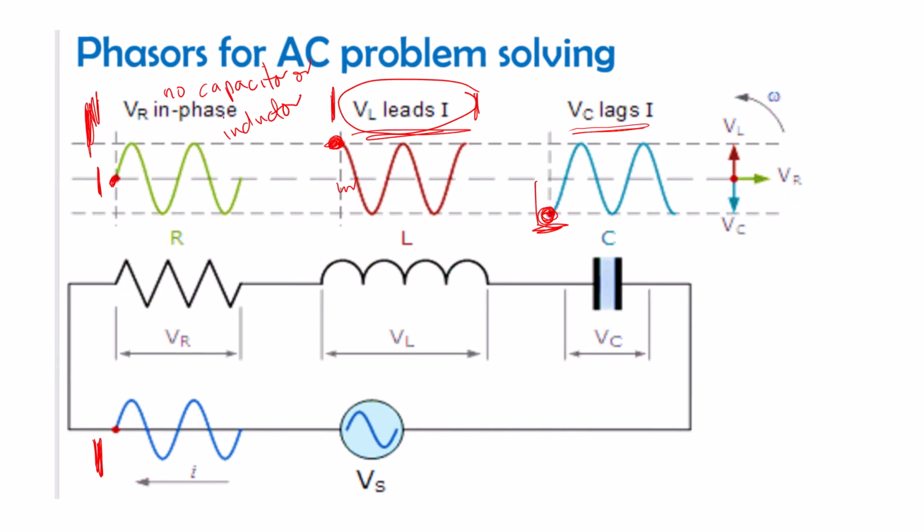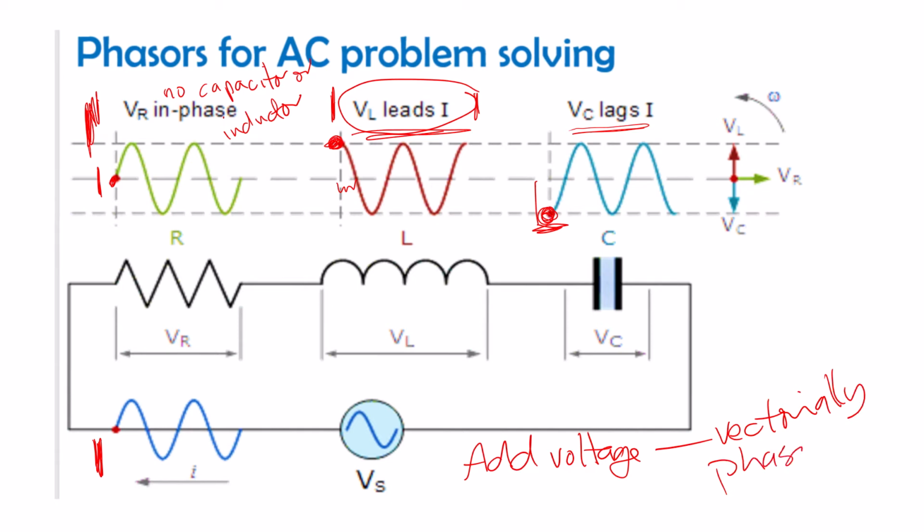So in order to add voltages, we've got to add vectorially. And vectorially in this situation means adding the phasors.